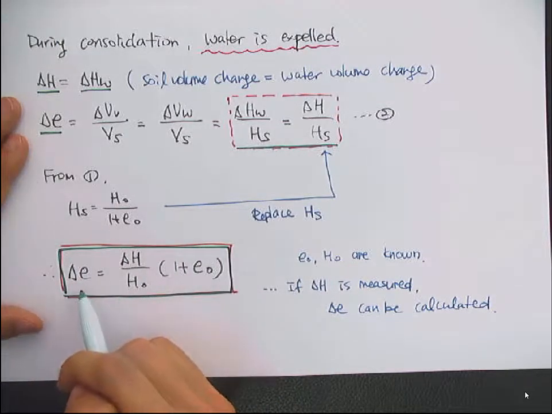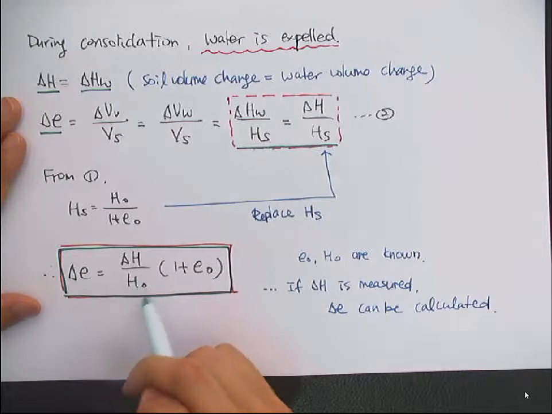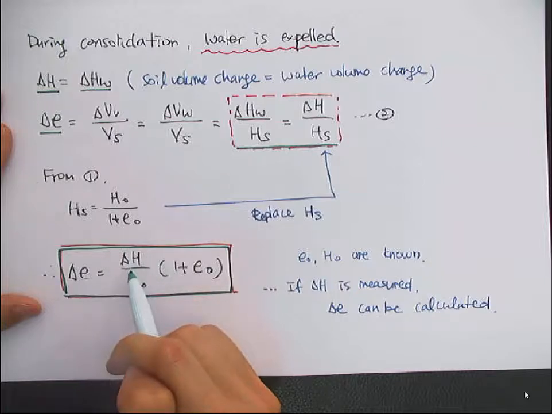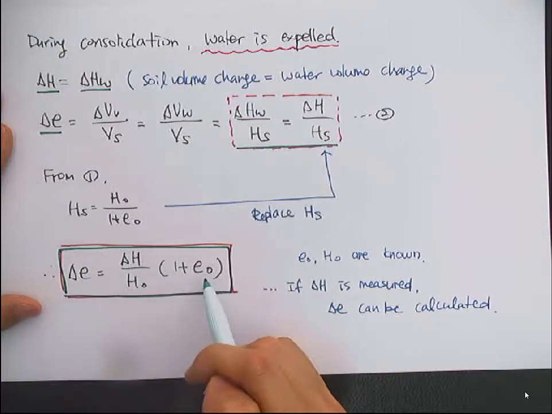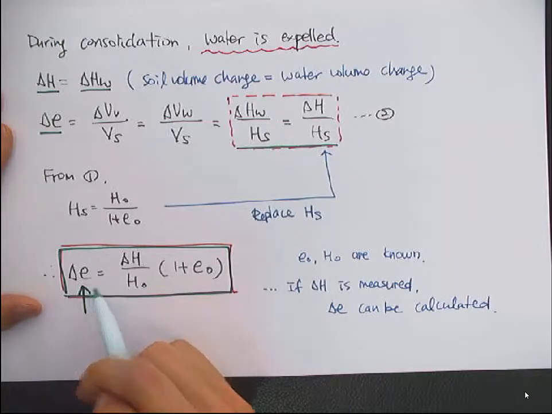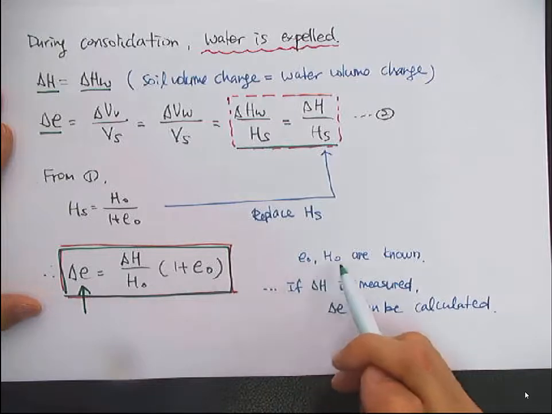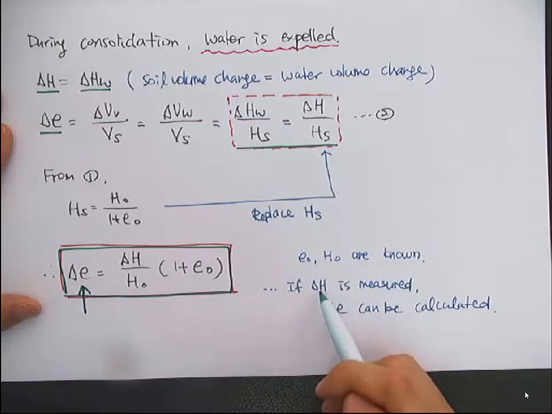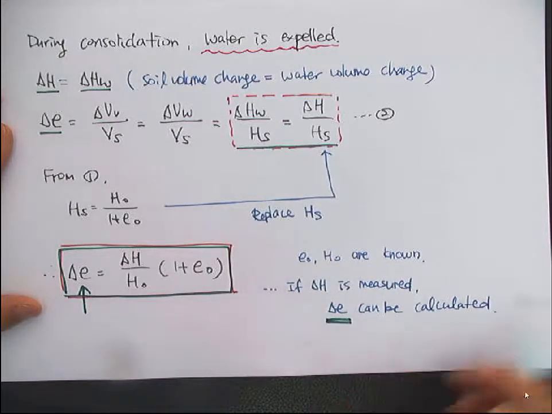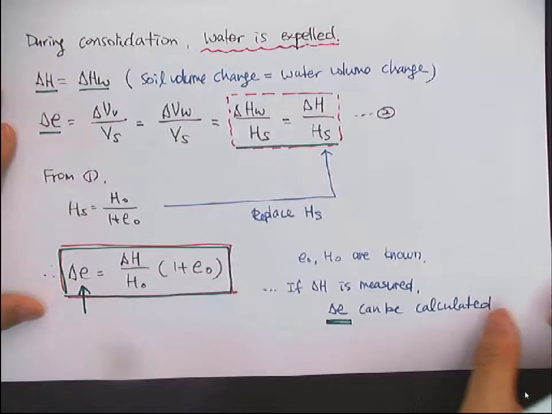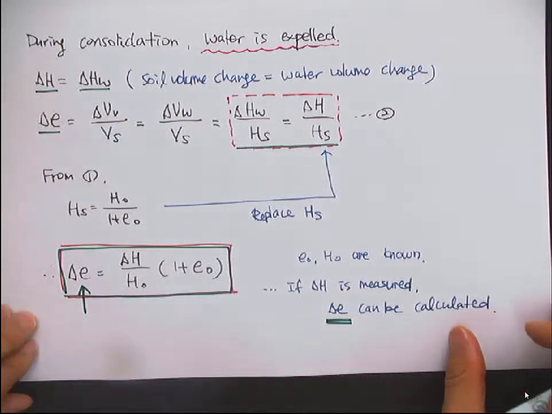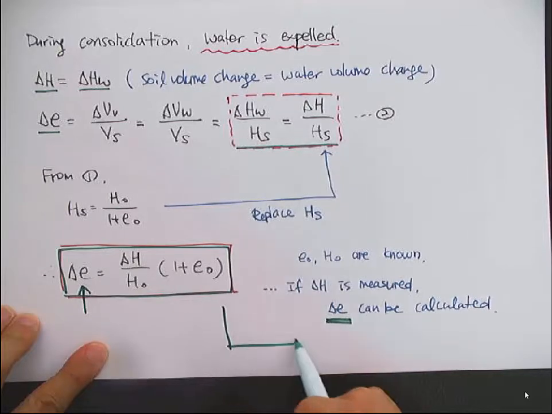And this tells you that if you know the initial height of the sample, and if you measure the change in height of the sample, and if you know the void ratio of the sample, then you can convert it to the void ratio change. So e naught, H naught are known, and if the delta H is measured, delta e can be calculated. So that way you can plot the e versus sigma v prime curve.